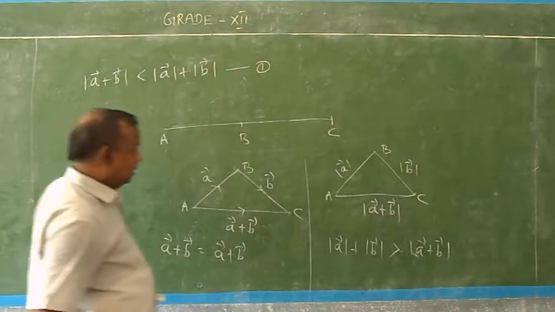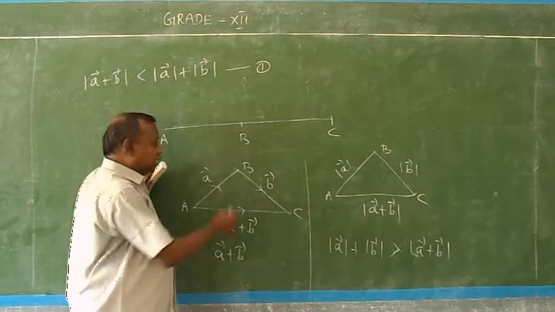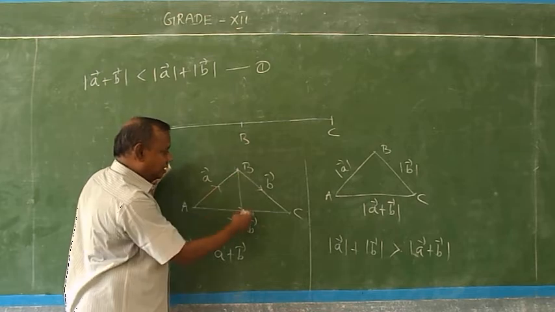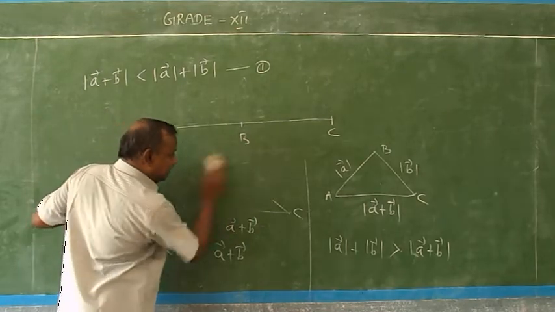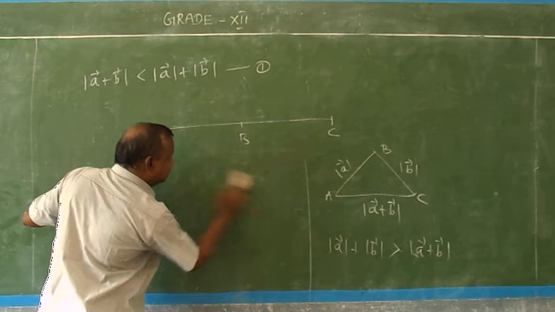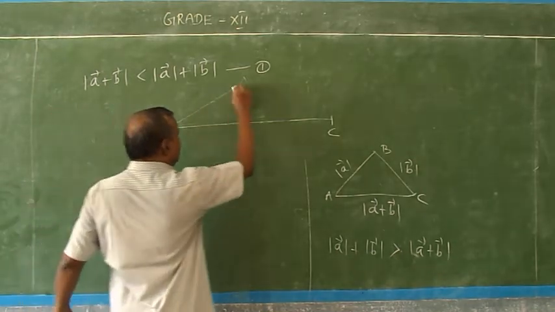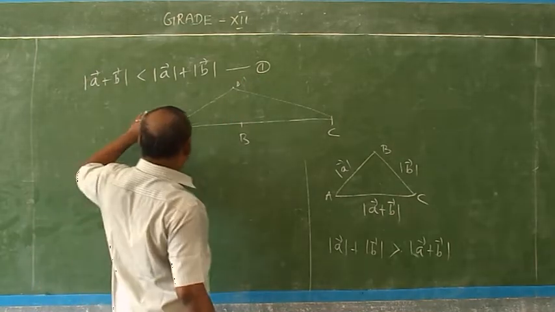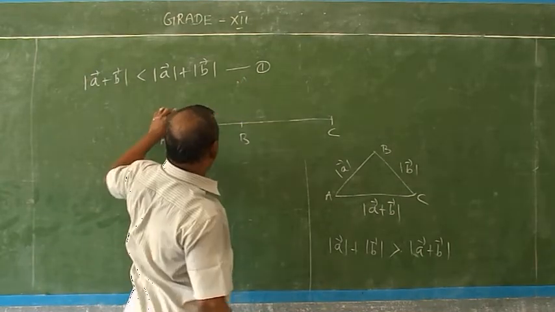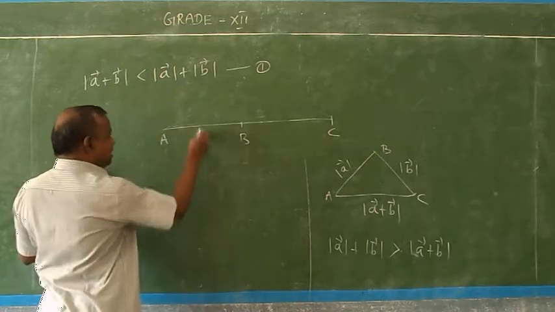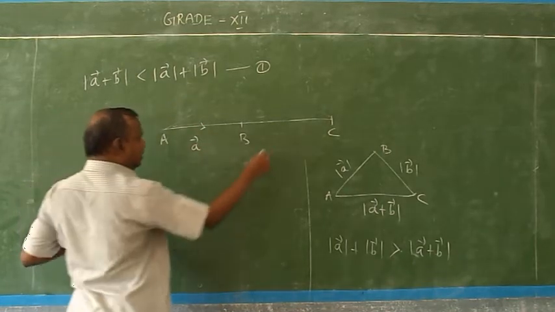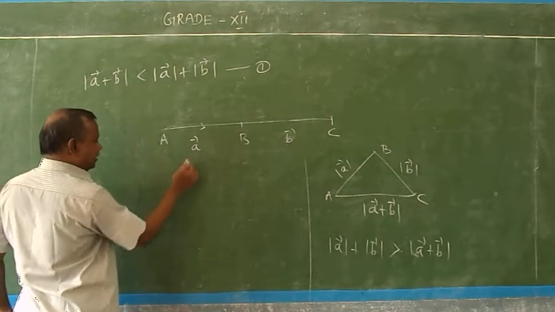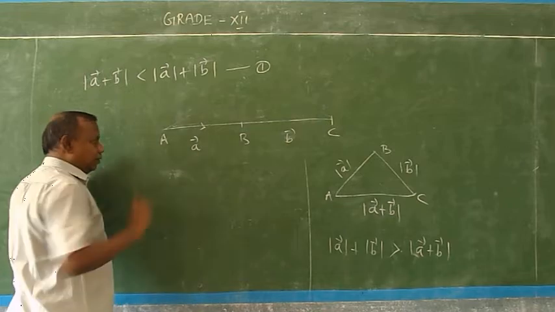Now let us consider the point B falls on the line AC. Then this diagram becomes like this. If the points A, B, C lie on the same line, AB vector equals a vector and BC vector equals b vector.